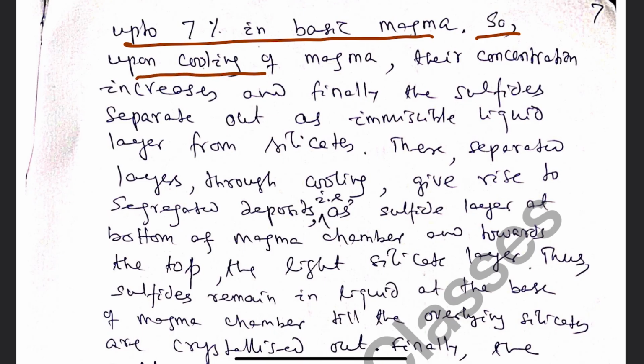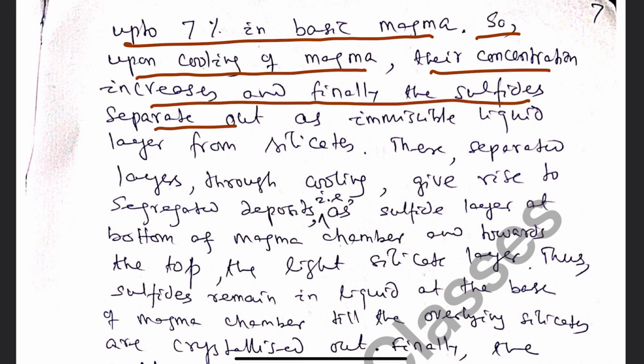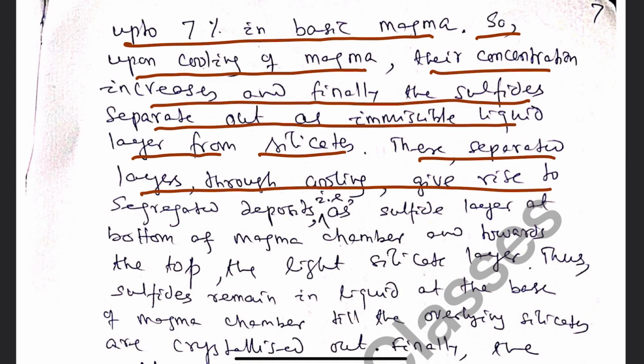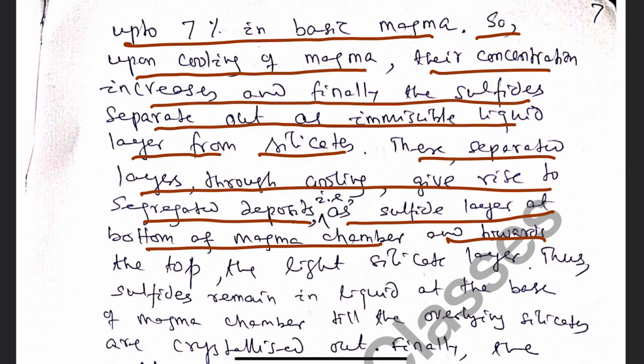So, upon cooling of magma towards the late phase, their concentration increases and finally the sulfides separate out as immiscible liquid layers from silicates. These separate layers through cooling give rise to segregated deposits, that is, a sulfide layer at the bottom of magma chamber and towards the top the light silicate layer.